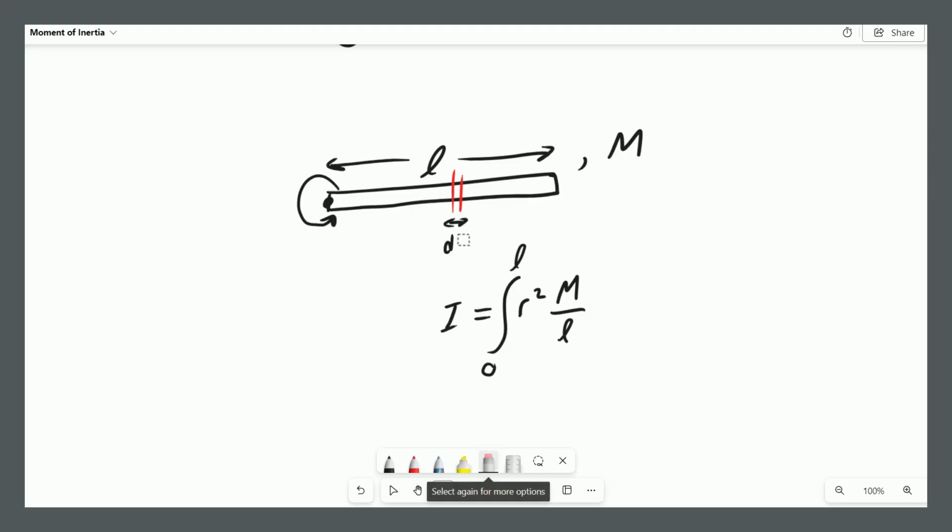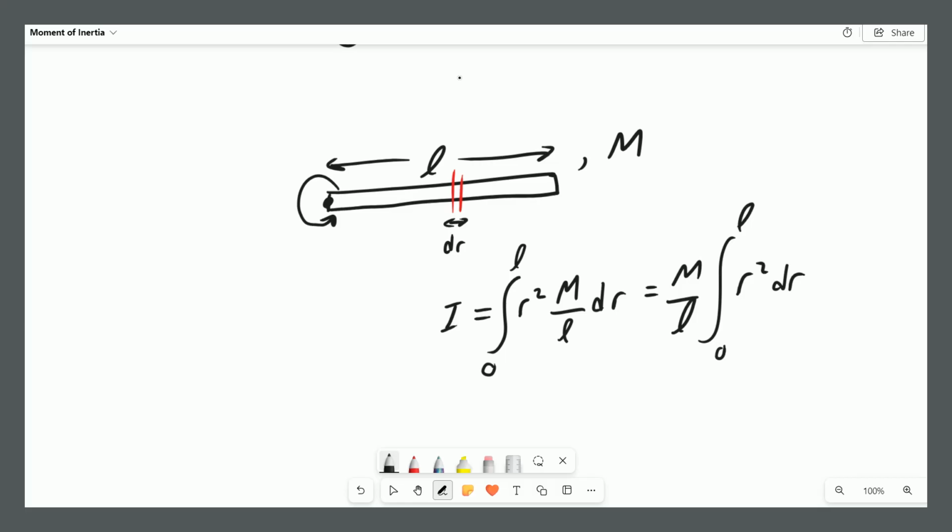To be consistent, I'm going to call it dr. Well, M and L are constant, so we can take that outside of the integration. So we just have the integral of r squared dr from 0 to L, and that is going to turn into L cubed over 3.